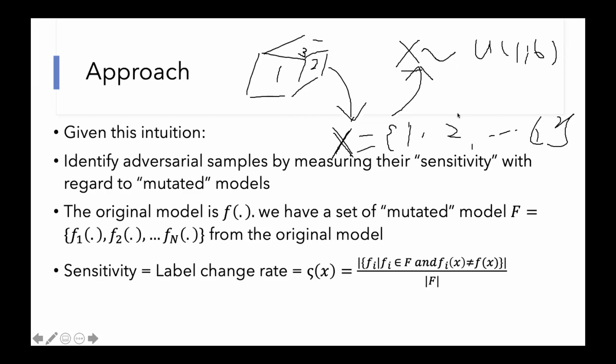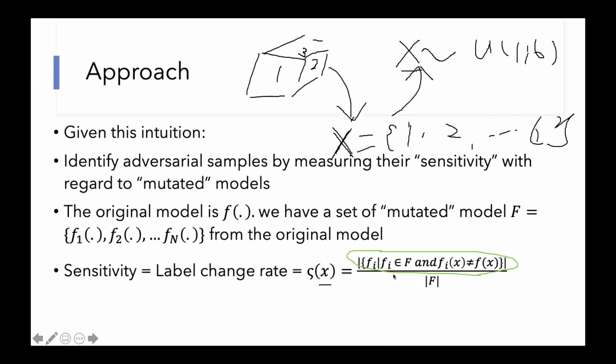This random variable is actually the outcome of the model change rate. In this case, we have 1,000 or 10,000 adversary samples, and we have capital N models, but we don't know how many of them can change the label of X. So the model outcome is still a random event, and we use the random variable to indicate it.